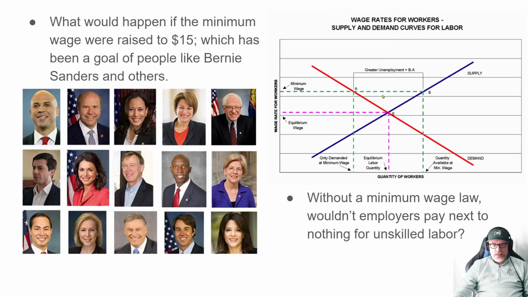This means that there are people out there who are willing to work but are unable to find a job because the demand side, the employers who want to employ people, cannot afford to pay this many people. So the question you have to ask yourself is: is it better to pay these people who are employed the $15 per hour, or is it better to have the market decide what the wage rate is and have close to full employment? It's a tough question.